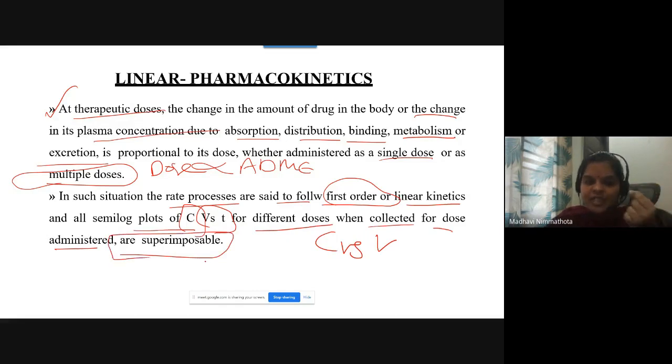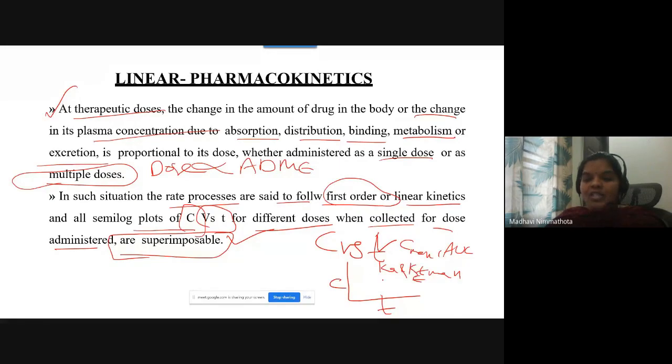In linear pharmacokinetics, this word superimposable is very important. When you plot the plasma concentration of the drug on the y-axis and time on the x-axis, we can find out Cmax, AUC, Tmax, Ka and Ke, all these pharmacokinetic parameters.